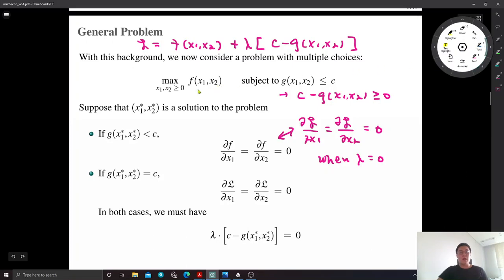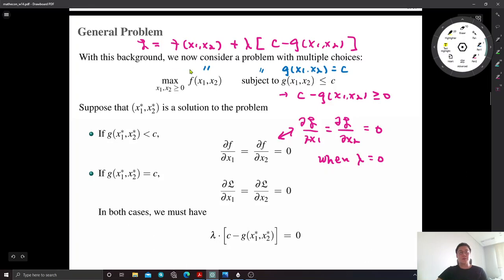Then solving this optimization problem is essentially equivalent to solving this. Now the problem has the same optimization condition, but the constraint is given by the equality.